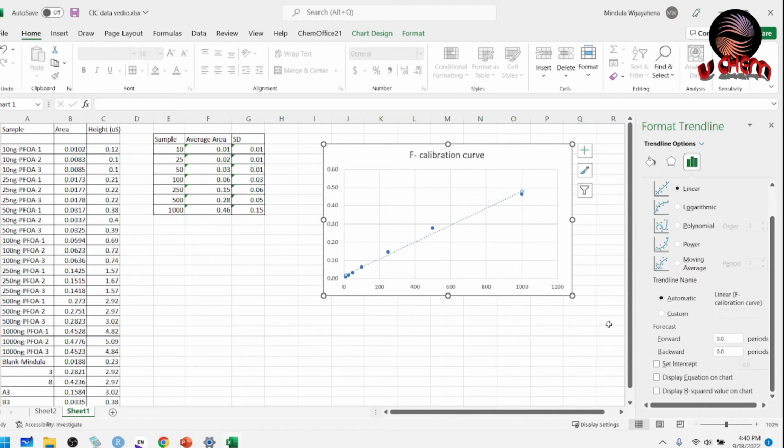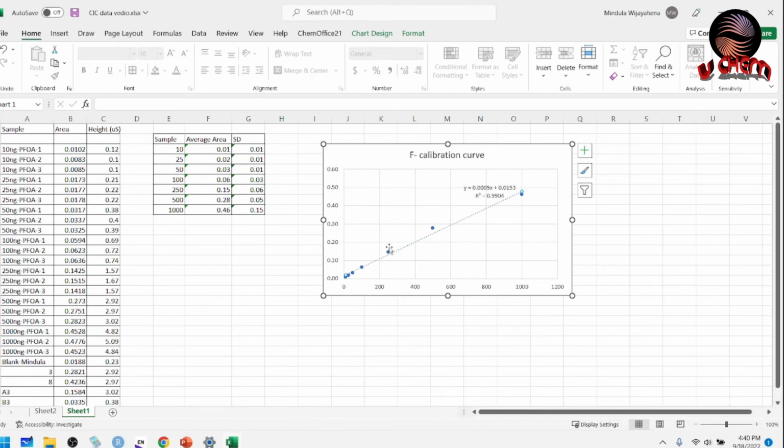We don't need those because we are not making up our data. We need the display equation on chart. No need to set the intercept, but we need our R squared value, yes of course. Then you have the trend line over here, and you have the equation for that trend line, linear regression.